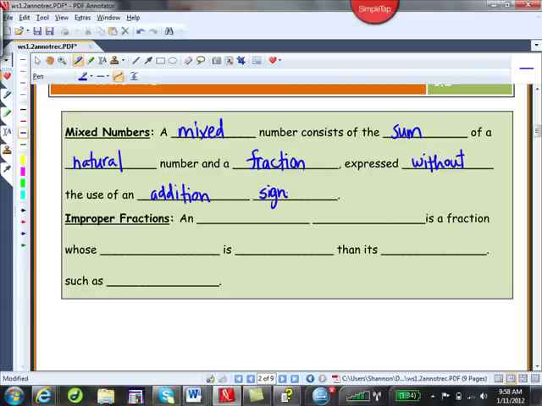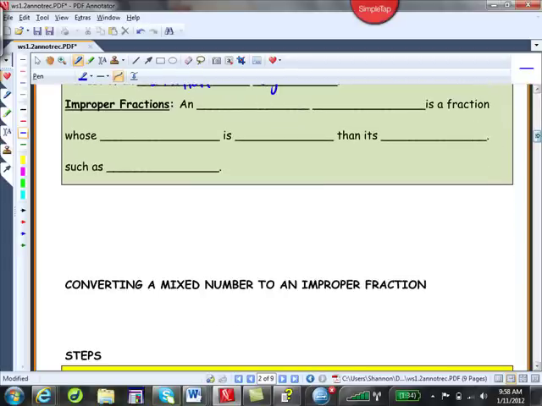Okay, so these numbers are kind of tricky here. We're going to segue down here real quick and show you an example of a mixed number.